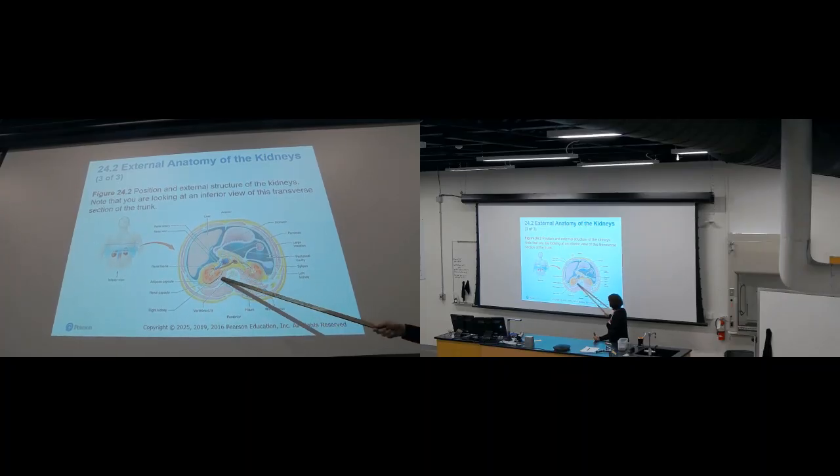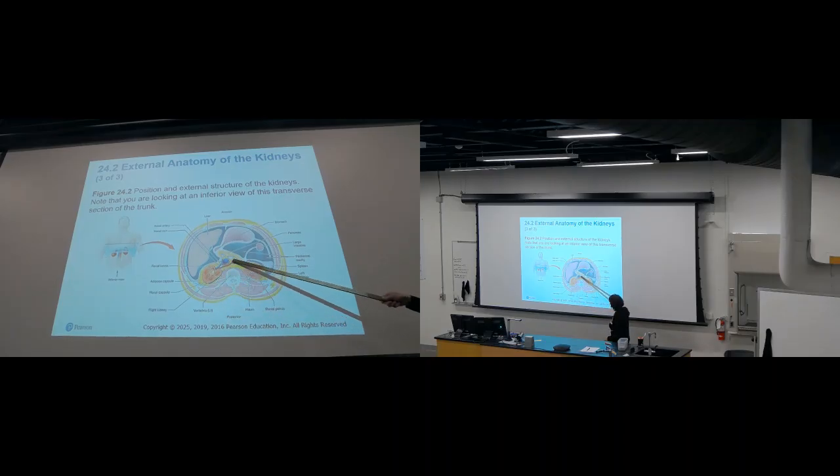These are the muscles that surround this vertebrae and protect the kidneys, including the quadratus lumborum. And here we have the right kidney and the left kidney, and this is the renal capsule surrounding the kidneys directly. This is the renal fascia, and then we have the perirenal fat that helps to protect the kidneys and keep them in place.